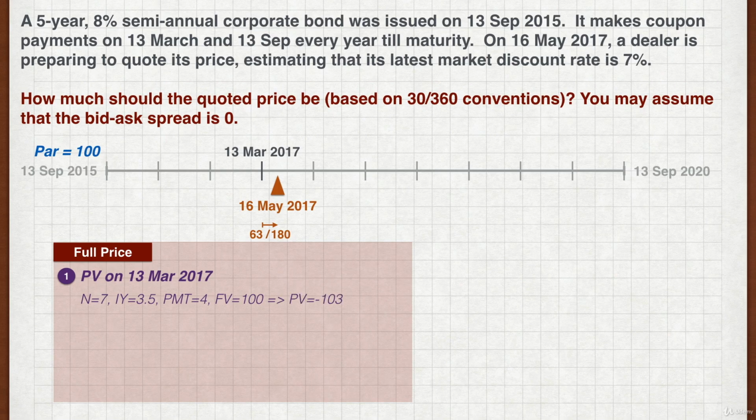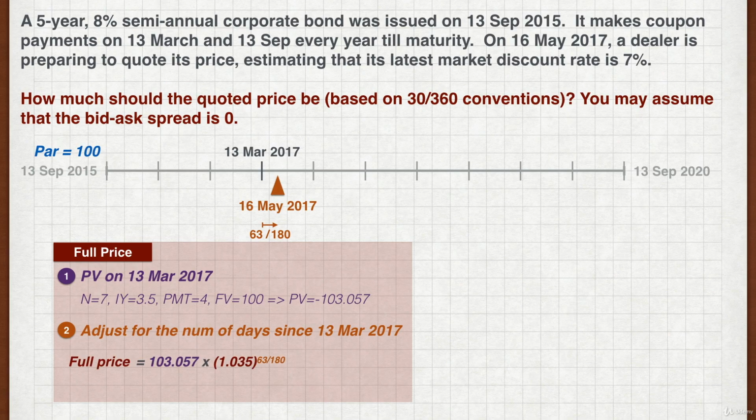Solve for PV, and we get 103.057. With this figure, we adjust it for the number of days since the last coupon payment date. We compound it by 3.5% for this period, giving us a full price of 104.305. Next, we calculate how much of this amount is the accrued interest component.